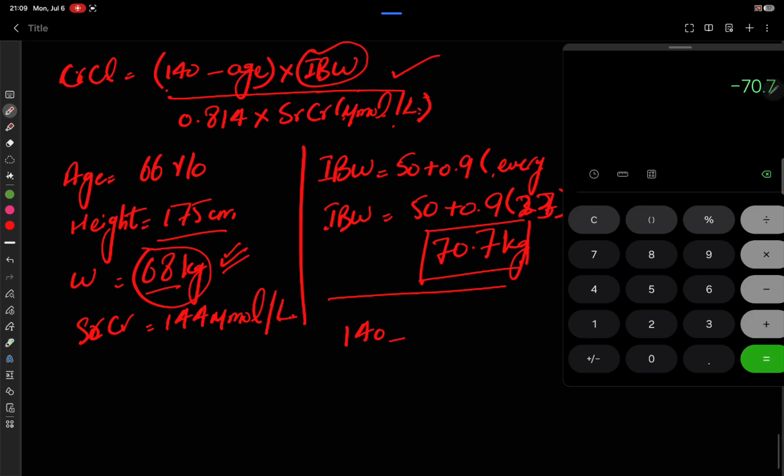So 140 minus age 66 is 74, into body weight 68, divided by 0.814 multiplied by serum creatinine in micromole per liter, that is 144.